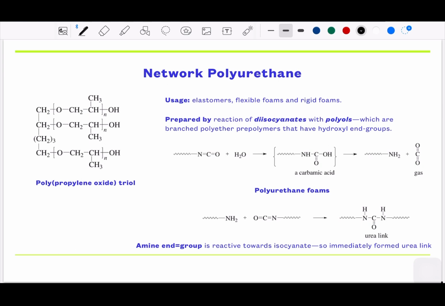Okay, we have the triol that is going to be reacted to make a network with the isocyanate to make the network polyurethane. So the idea is just to make sure that it has branches. Before we have only diols, right? Only linear. So diisocyanate and diols make a long linear chain polyurethane, right?